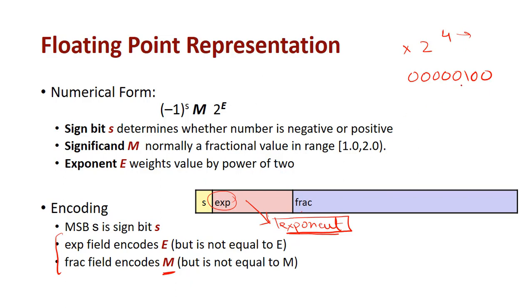1, 2, 4, 8, 16, and so on. But in reality, when you dissect a floating point number which has an exponent of 4, you will not see this bit pattern over here. You will see a different bit pattern.